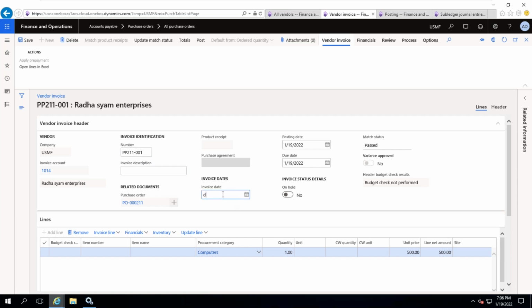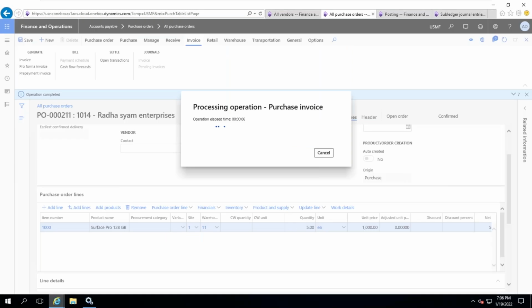Date, generated, posting. The 500 invoice is generated. Now the vendor is not happy. I don't want 10%, I want 20%, or I want 15%. You are generating only 10%, I don't accept. I want 15%.